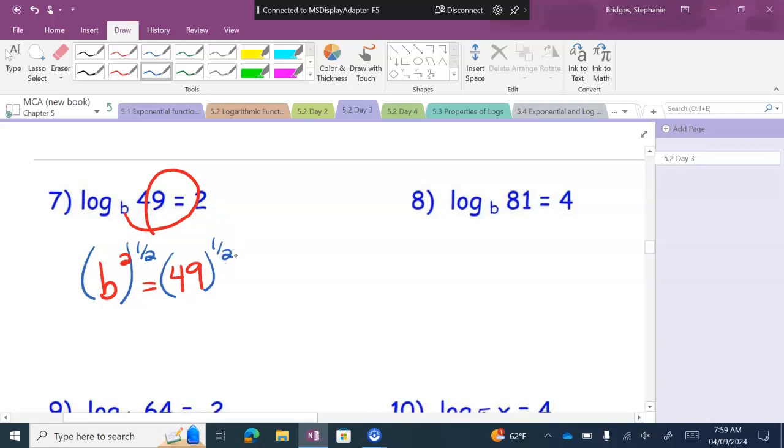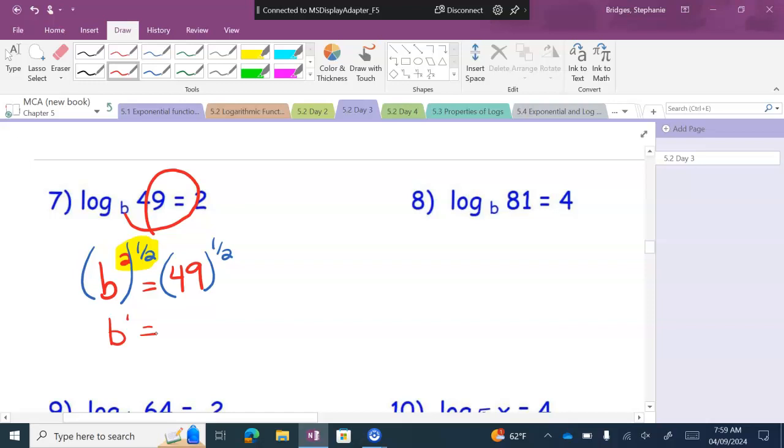We've done these before. We did them back with our exponents. And remember, when we raise it to the reciprocal power, when I multiply 2 times 1/2, that just turns to 1, right? So it's b to the first.